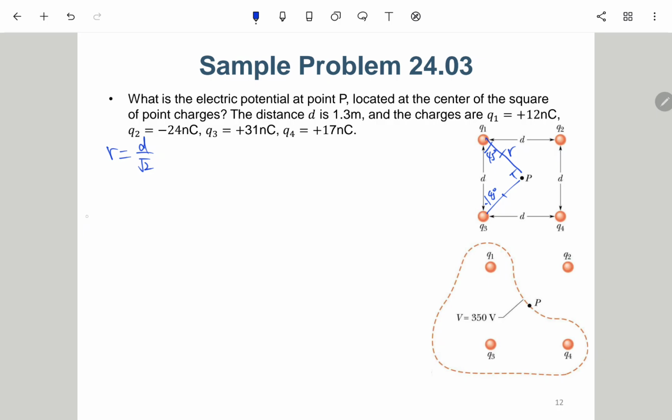Okay, so here we would like to calculate the potential at point P due to the 4 charges. So V will be the sum of Vk, k from 1 to 4.